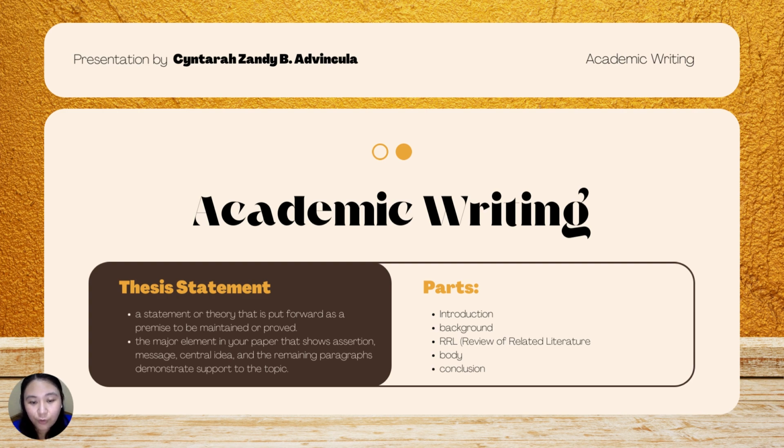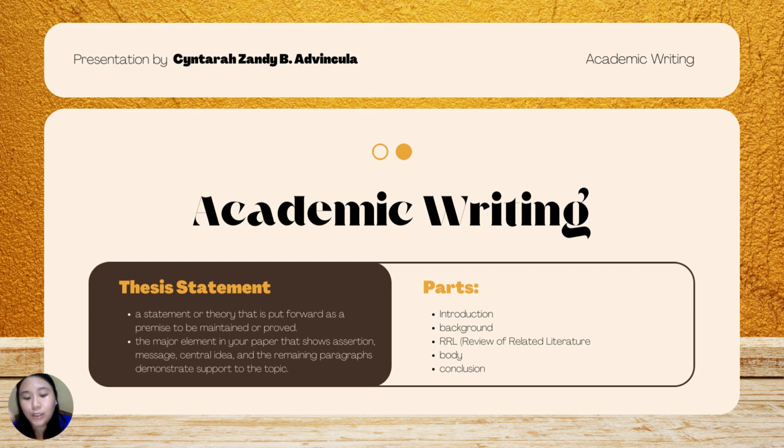And then the review of related literature talks about the related materials or references that you have read that would support your statement, or if not support, prove some points on your argument or the idea that you wanted to share to your audience.